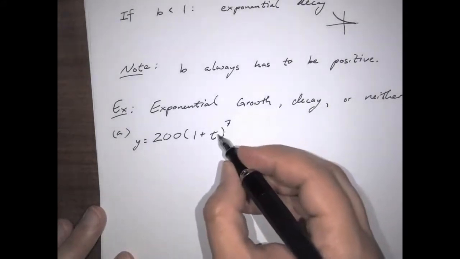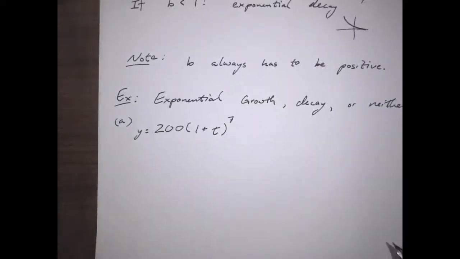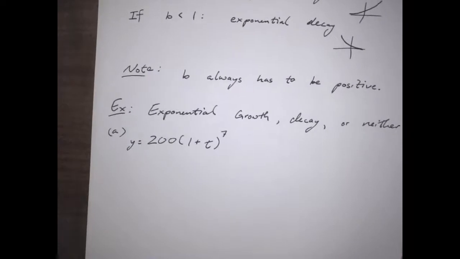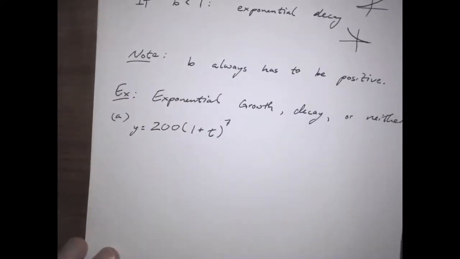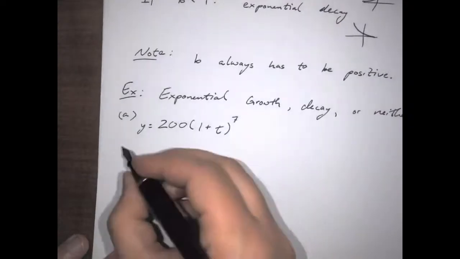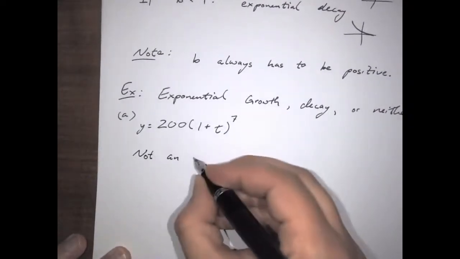Well, looking at this, it has an exponent, but that's not what makes or breaks an exponential function. Exponential functions do not mean functions that have exponents. They mean functions whose variables are the exponent. So this is not an exponential function.